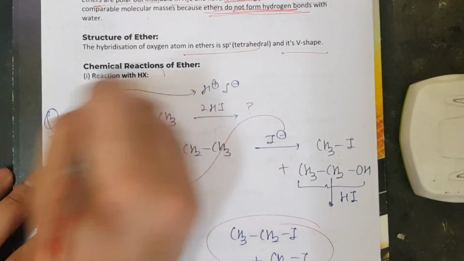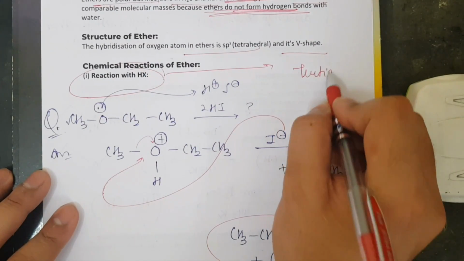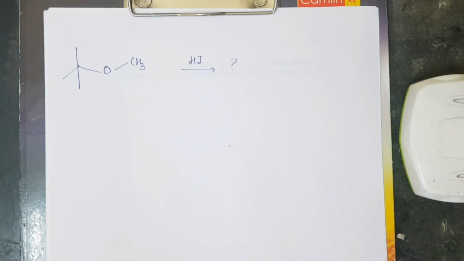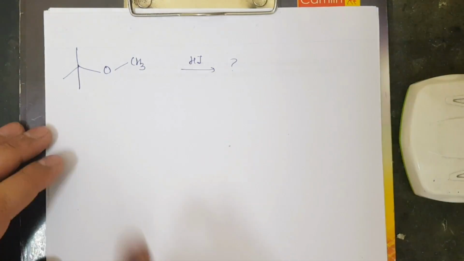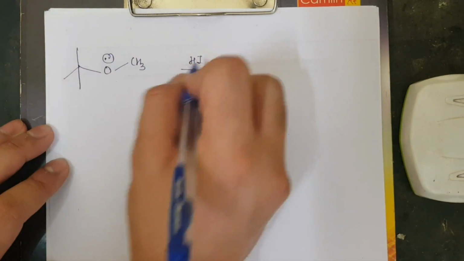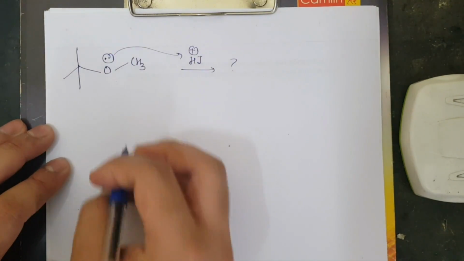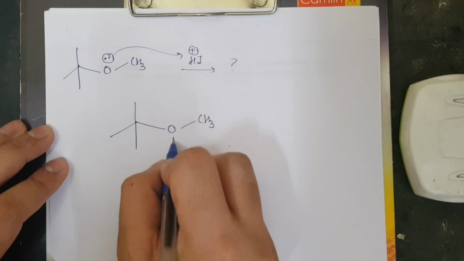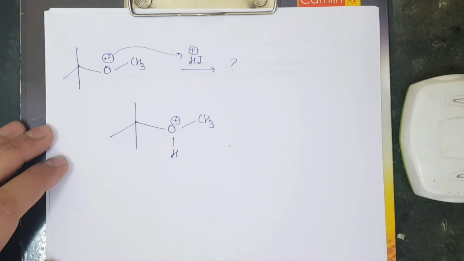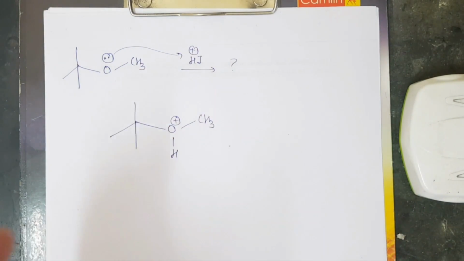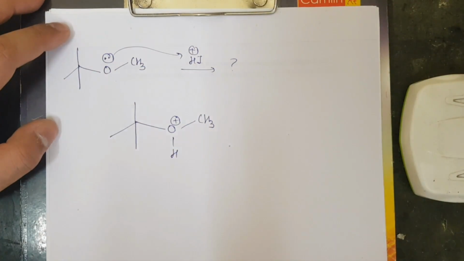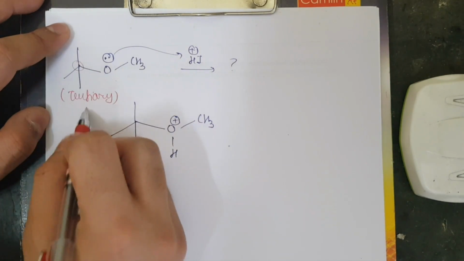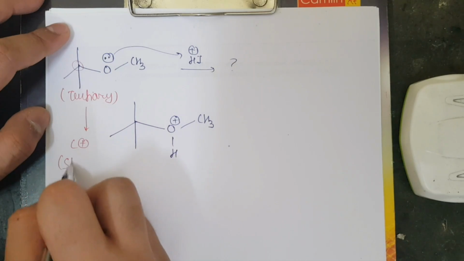But it totally changes when we have tertiary kind of carbons. So what happens in that case? First of all, we'll get the oxygen to be protonated with the hydrogen. So we get the formation of this compound here. Now you would be guessing that I minus would attack, but in case of the tertiary carbon being present, the carbocation is very stable in nature.